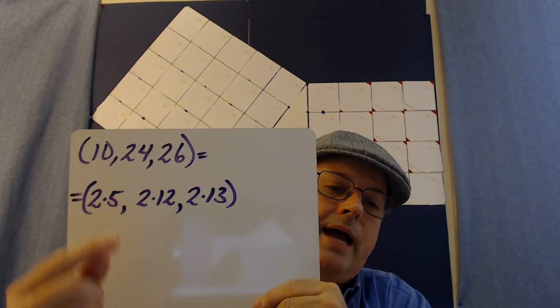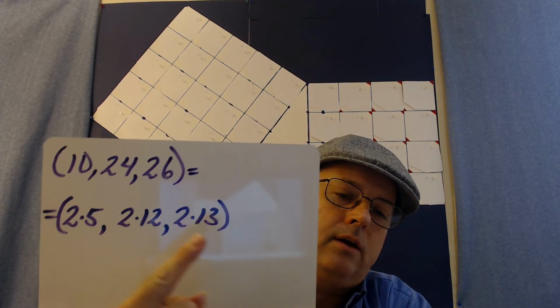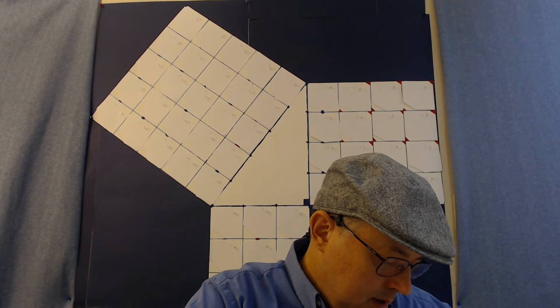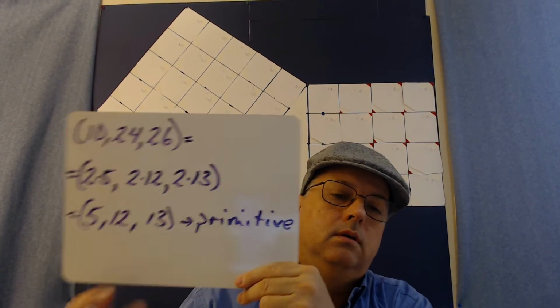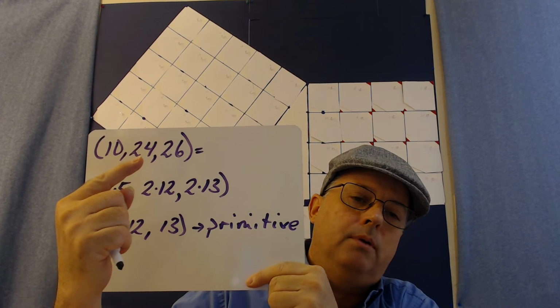And so those are the factors of each of these values, and they share a common factor. And so that means we can reduce it by that common factor. We can divide the 2 from each one of them, and we have the 5, 12, 13 Pythagorean triple, and that is the primitive Pythagorean triple, which this multiple comes from.